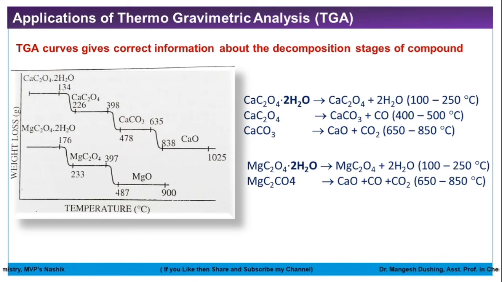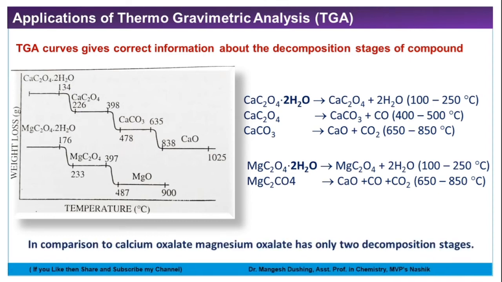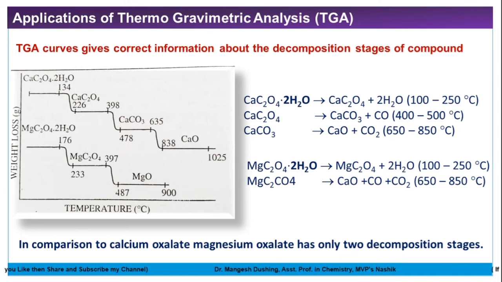While if you decompose magnesium oxalate, then there will be only 2 stages. One is from 100 to 250 and the second is from 650 to 850. In comparison to calcium oxalate, magnesium oxalate has only 2 decomposition stages.